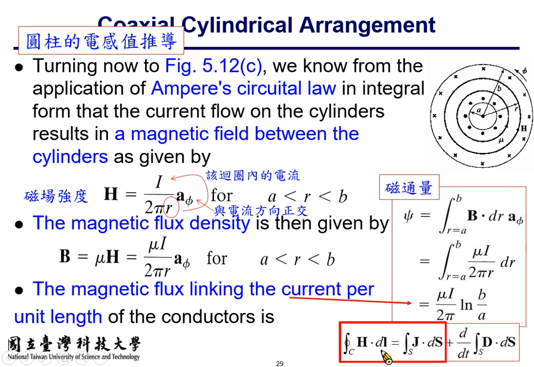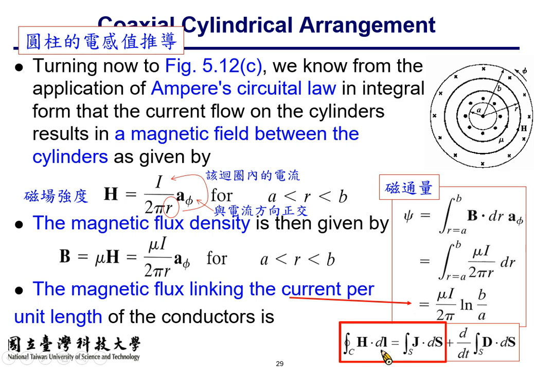Now, you must have a question. You can understand that the currents on the inner cylinder build up the magnetic field in its neighborhood. But we also have currents on the outside. Will they produce a magnetic field?